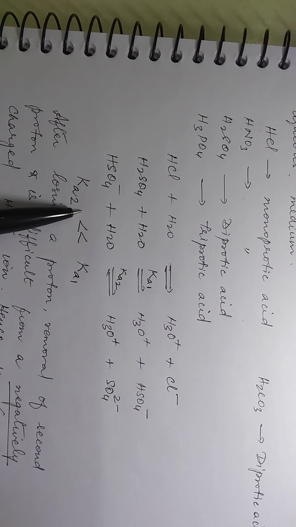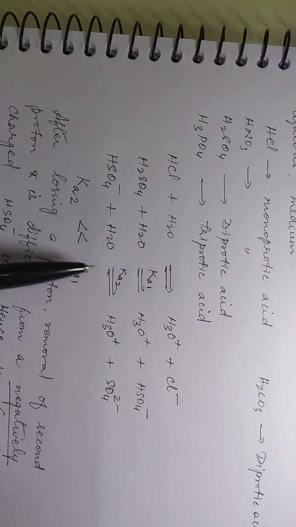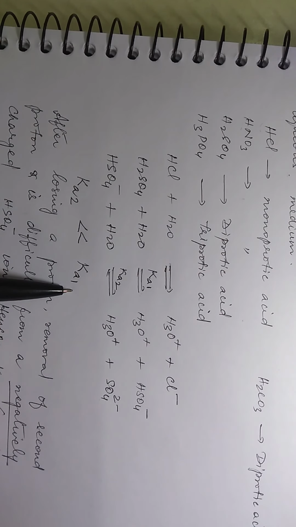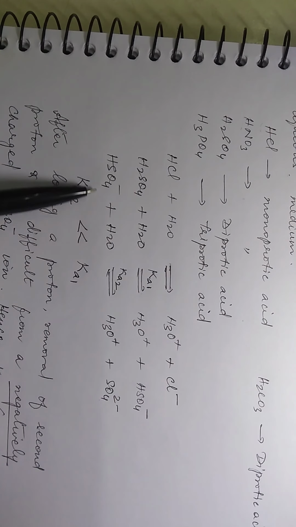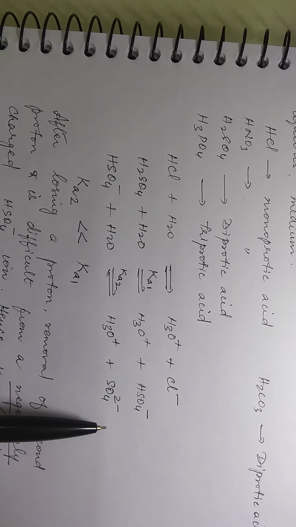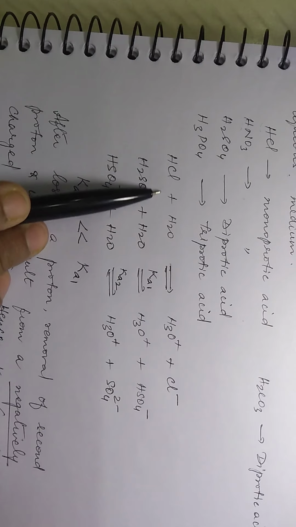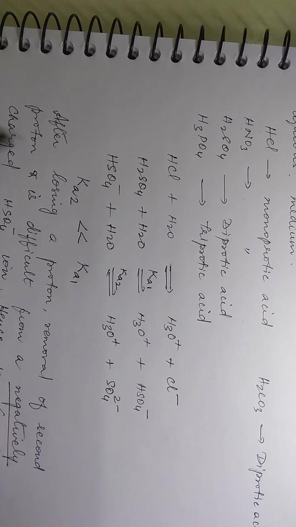Now it has been found that Ka2 equilibrium constant, it is much less than that of Ka1. So what does it mean? That means the second equation is less spontaneous, or it is difficult to lose a proton from HSO4 minus than from H2SO4. Now why?